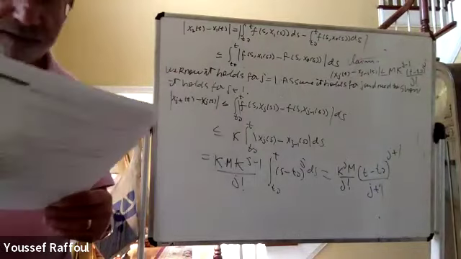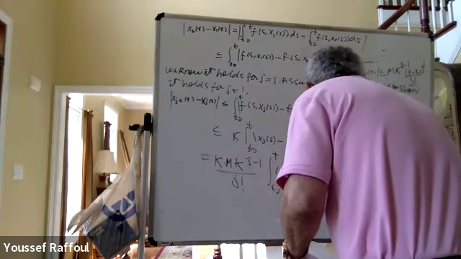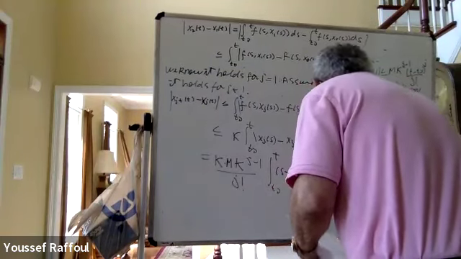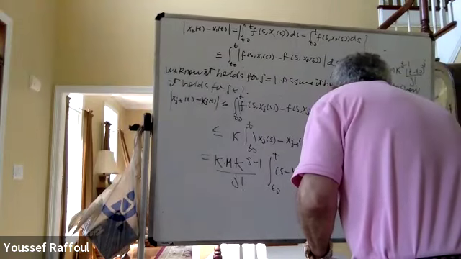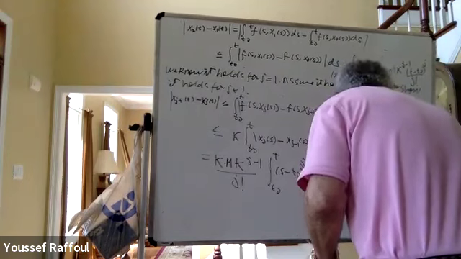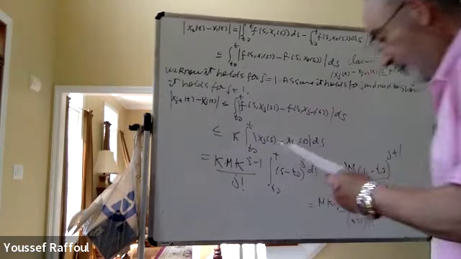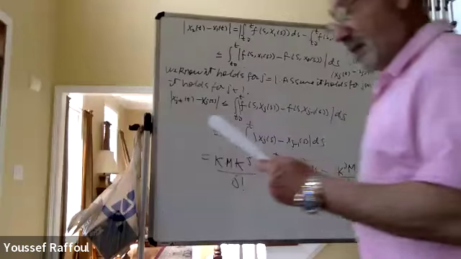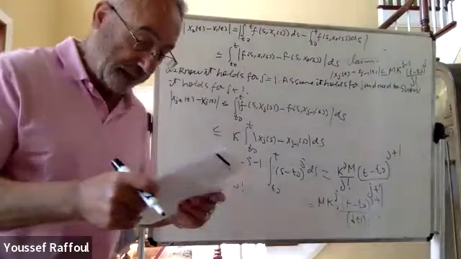Okay? So that is m kj times t minus t naught to power j plus 1 over j plus 1 factorial. So that's exactly what we need. Okay?